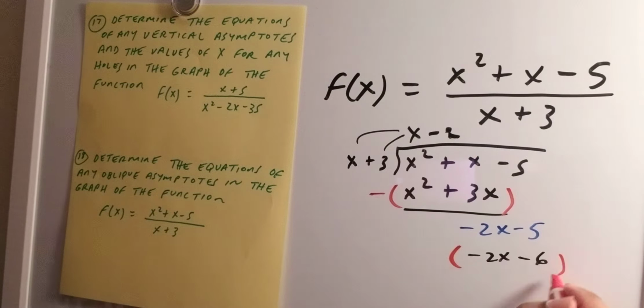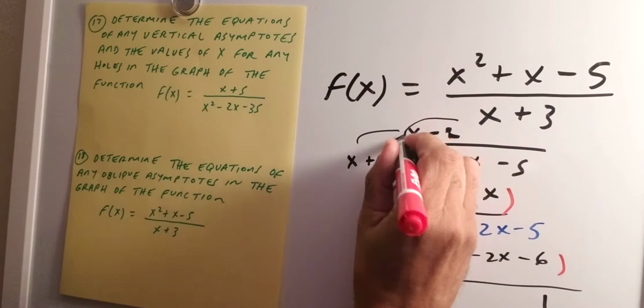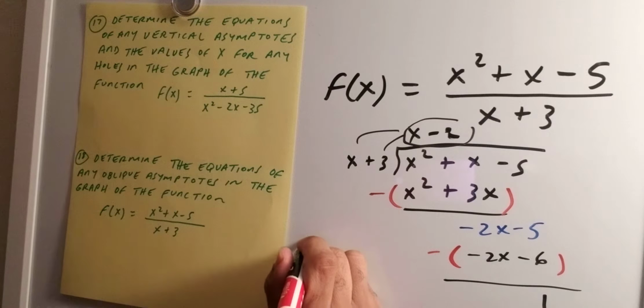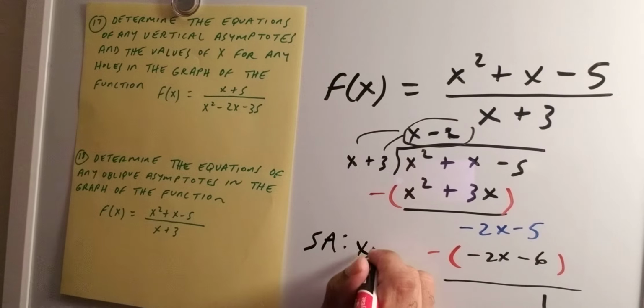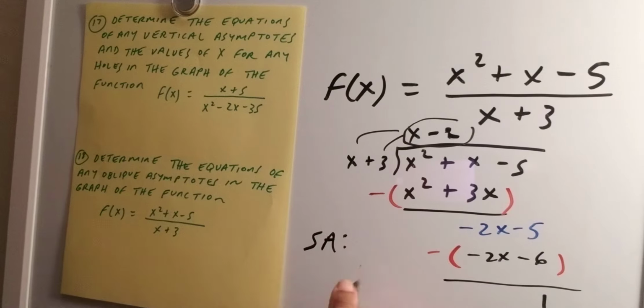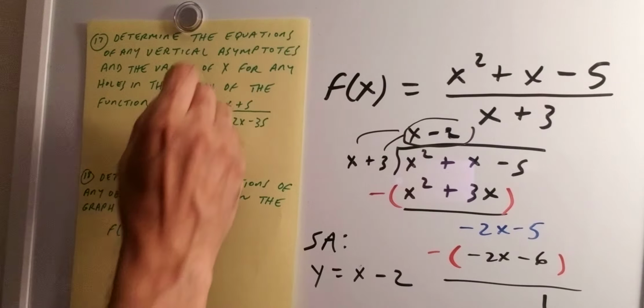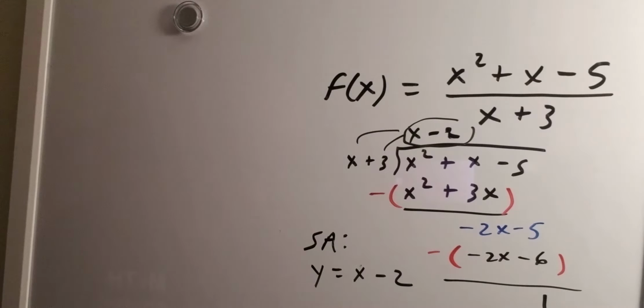Subtract carefully, and this part is unimportant. Negative 5 plus 6 is 1. The remainder does not matter. Here's our oblique asymptote, also known as slant asymptote. The y equals x minus 2 is the line. All right, that was number 18.